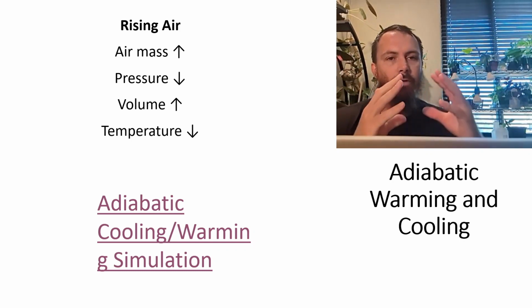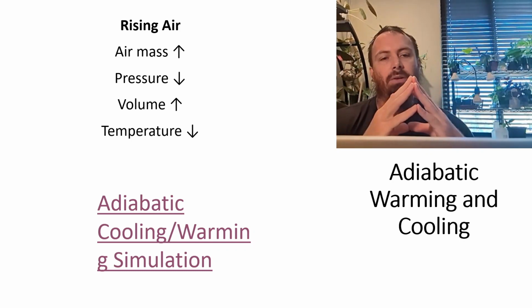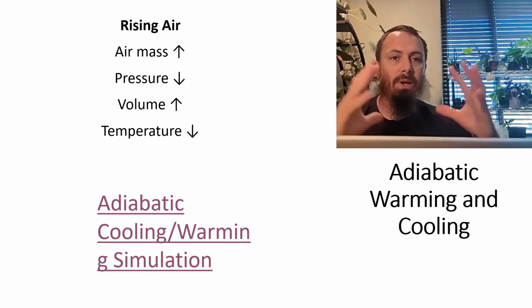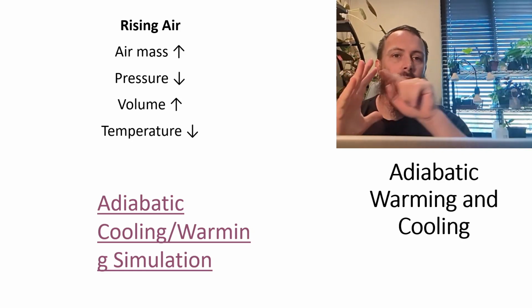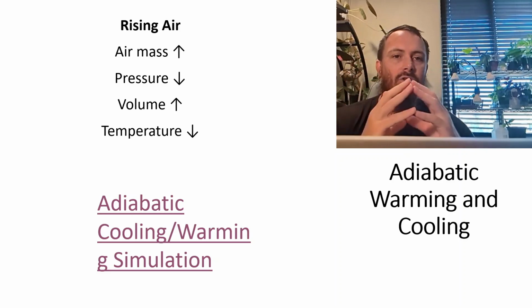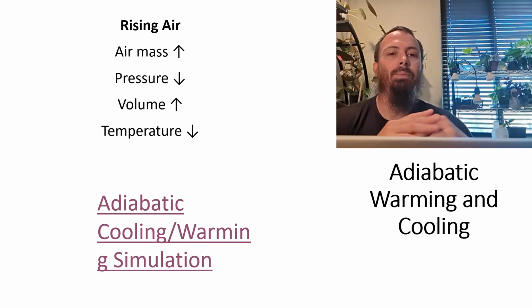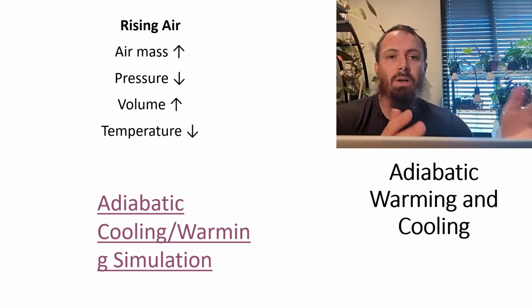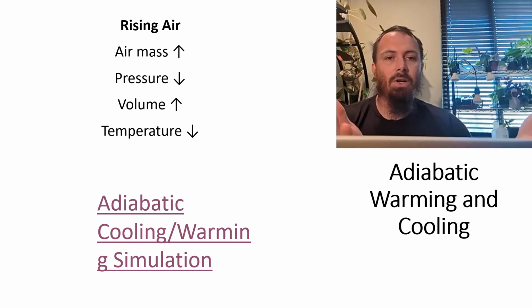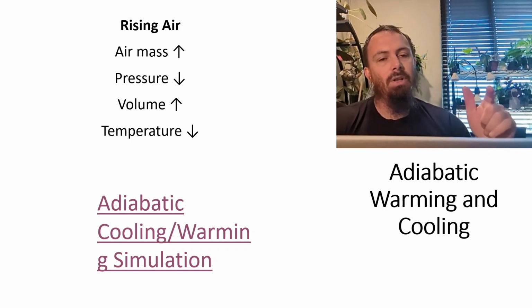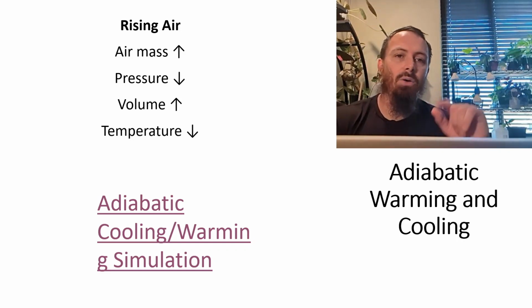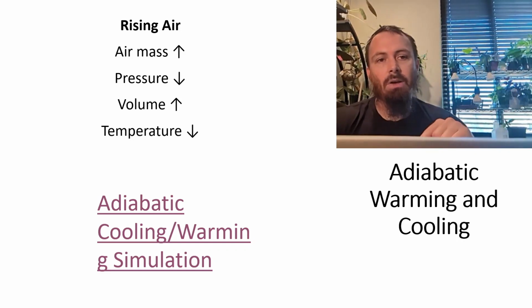When you first had it, it had a certain amount of energy. As it expands, it has the same amount of energy, but now over a bigger area. So the amount of energy per area becomes less, and that is equivalent to temperature. Temperature is mainly a measure of energy, so temperature will go down. So as air moves up, pressure goes down, volume goes up, and temperature goes down.